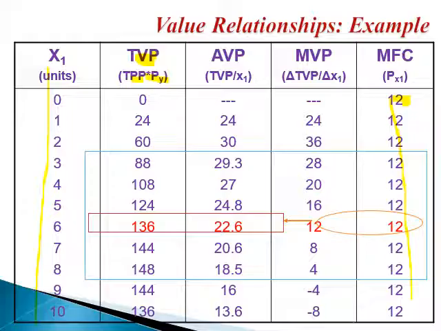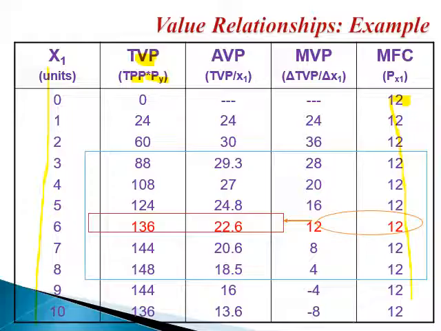Average value product here is you divide total value product by the level of the variable input. Average value product tells you the contribution of the single unit of the variable input x1 to your total revenue. How much the single unit of your variable input x1 contributes to your total revenue.